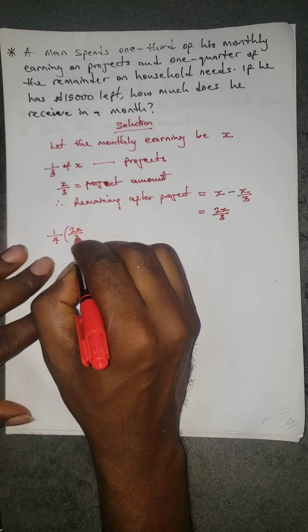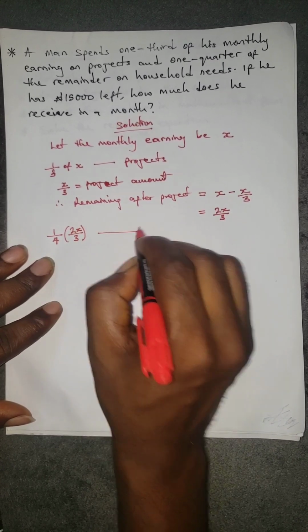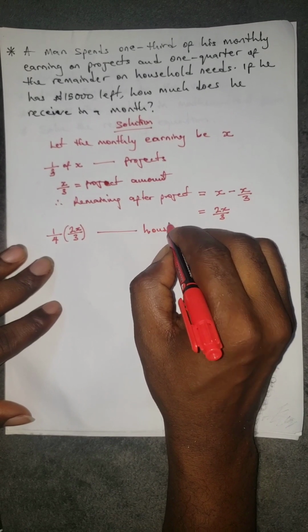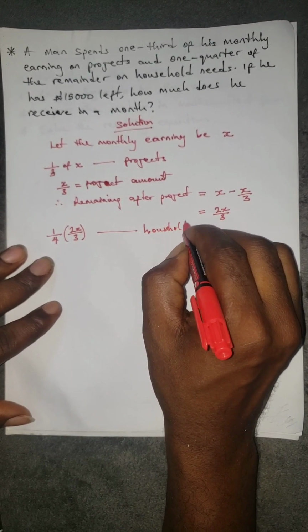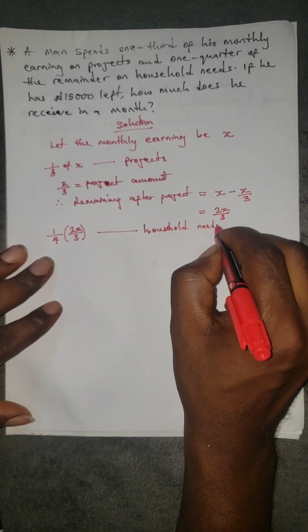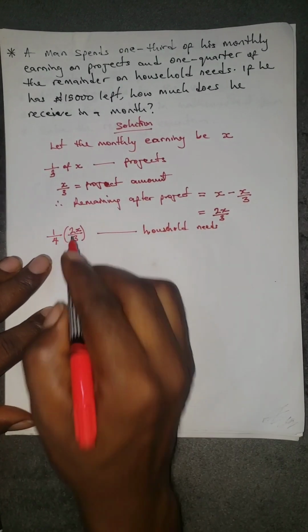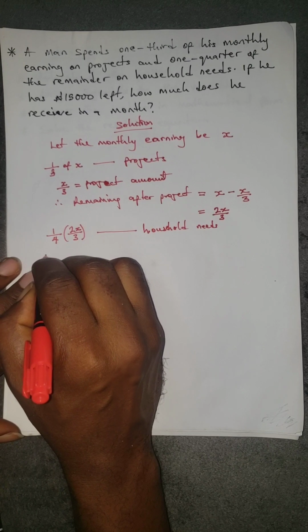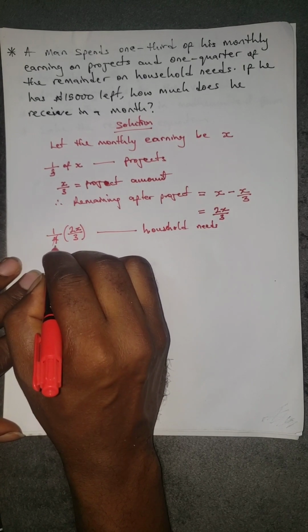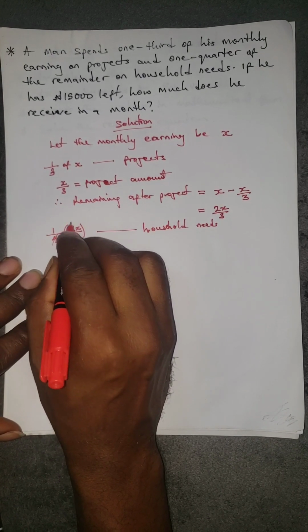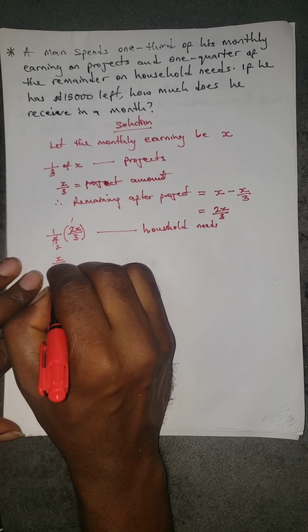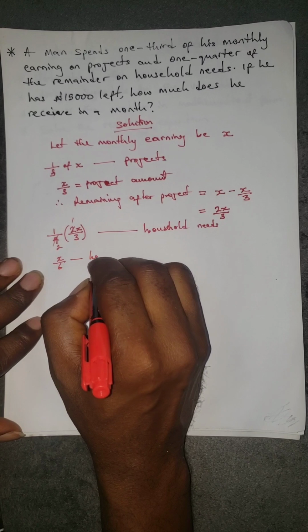So 2x over 3 on household needs. So this will now give us the amount he spent on household needs. If you divide, 2 here, 2 here will give you 1. So you now have x over 6 on household needs.